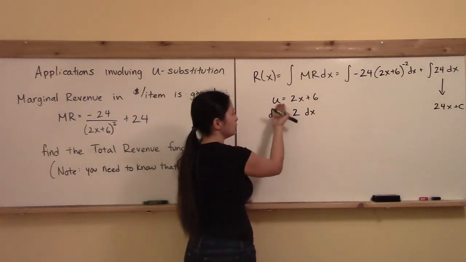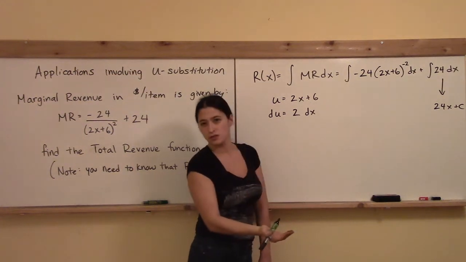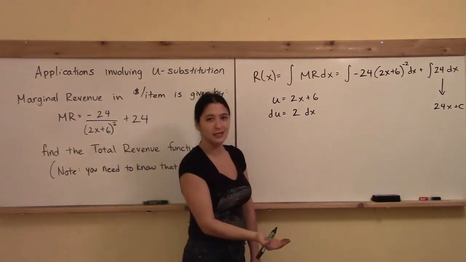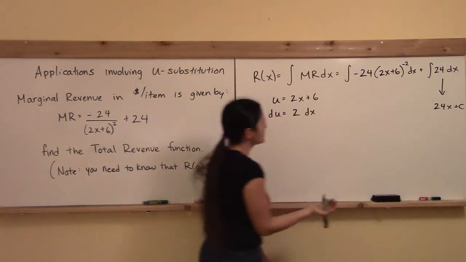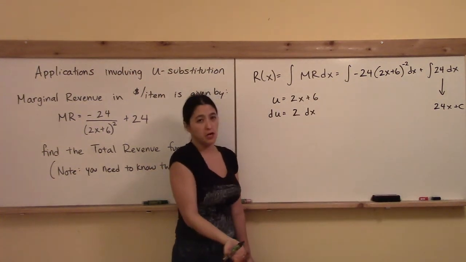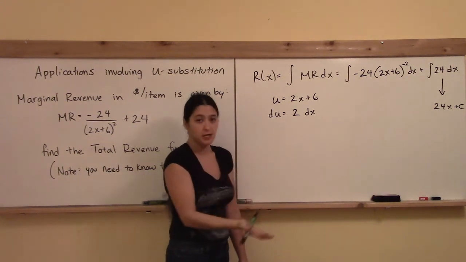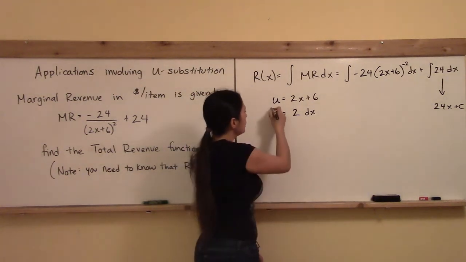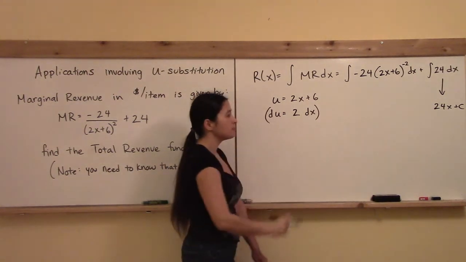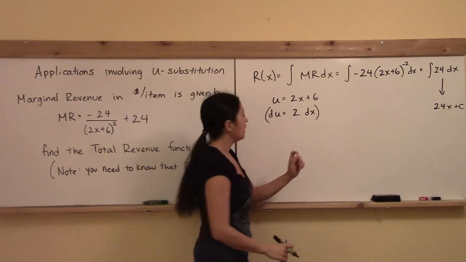Okay, so I got my u as 2x plus 6, du equals 2 dx. Do you see a 2 dx there? Well, I see a minus 24 dx. So maybe I want to multiply both sides of this equation by something so that I have a minus 24 dx. That sounds like a good plan. What would I multiply this whole thing by to turn the number 2 into the number minus 24?